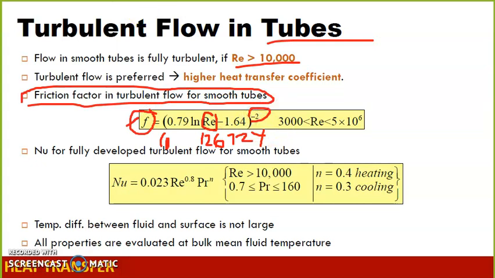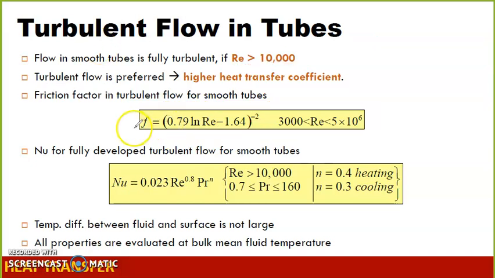To give you another way of solving for the friction factor if you do not want to use this equation: if you use this equation, you take 0.79 ln of Re minus 1.64, and the answer to the power of negative 2.